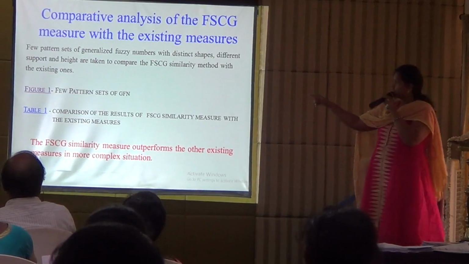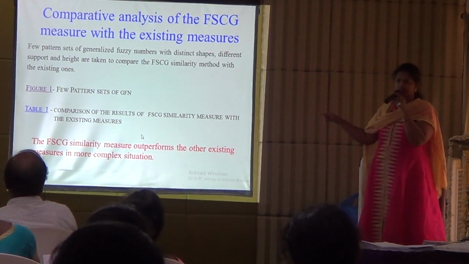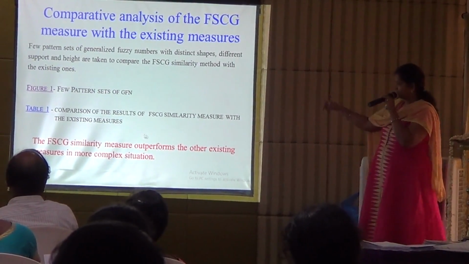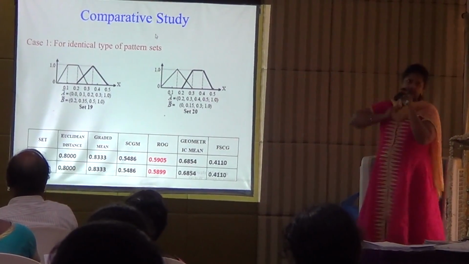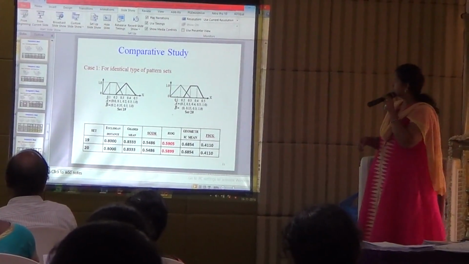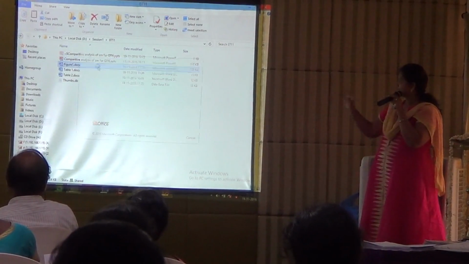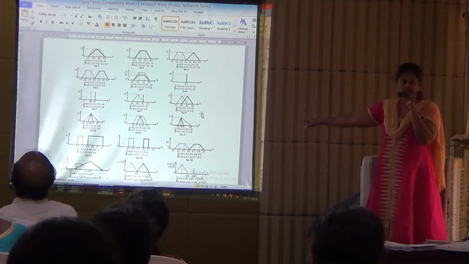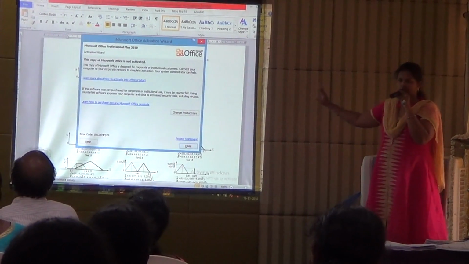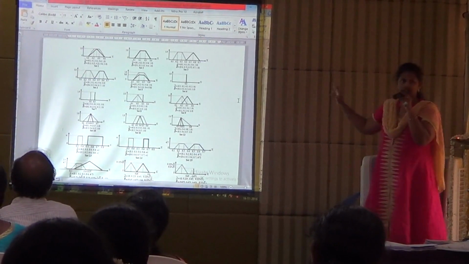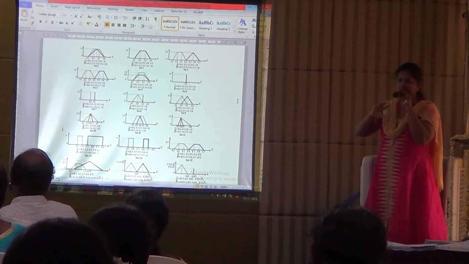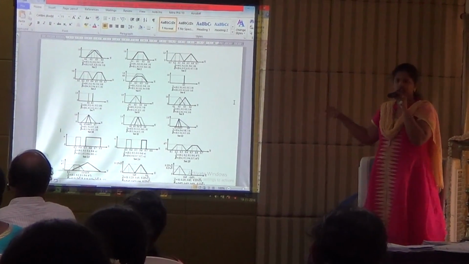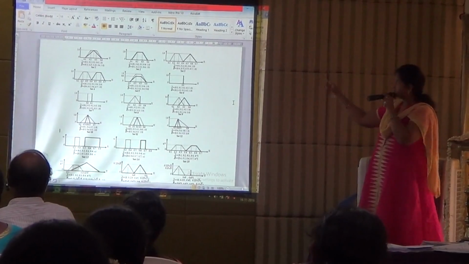In figure 1, we have taken 26 pattern sets. I want to display this. What are the 26 pattern sets? These are the previously existing measures the authors had taken. The same thing I have taken over here to prove our result is valid.